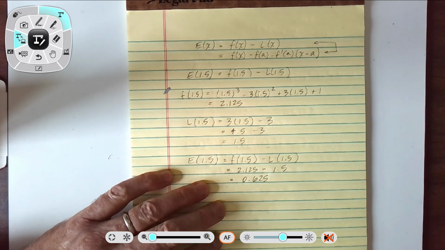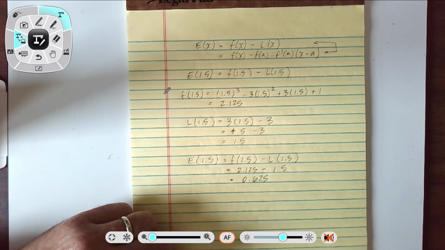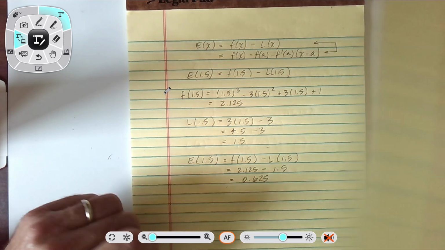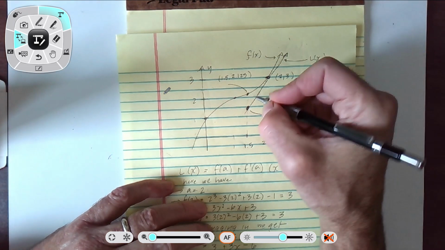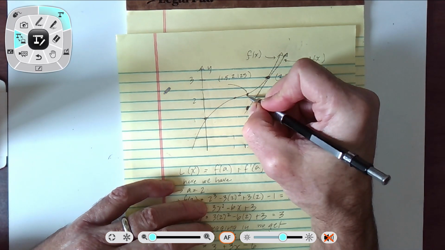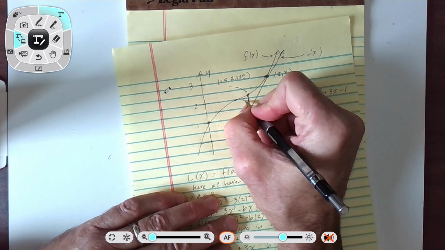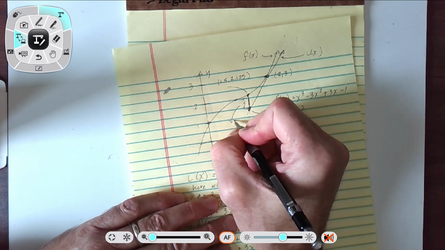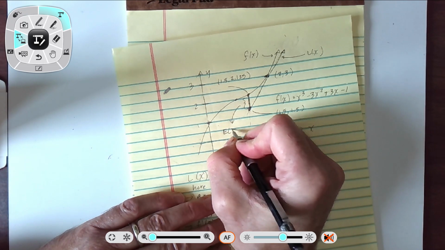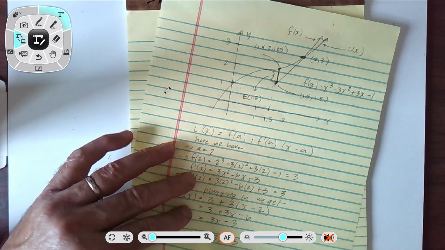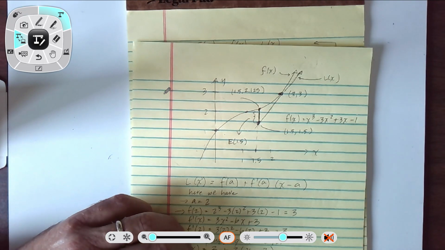The last thing that the question asks is for you to show on the graph where this local linearization's error can be found. So this distance right here is E of 1.5. That distance right there is E of 1.5.